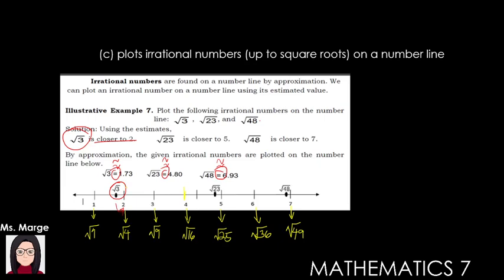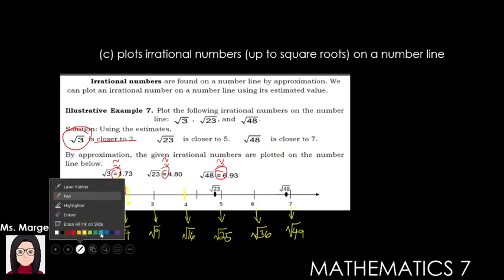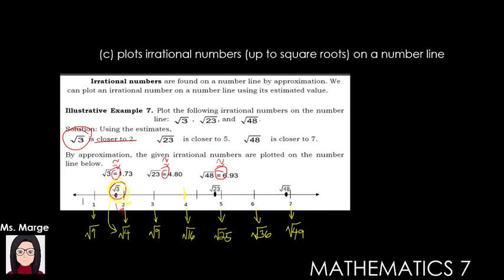Kung mapapansin nyo, square root of 3 andito, closer sa 2. Next is square root of 4, kaya reasonable na mas malapit ito sa integer na 2. Ipa-plot natin yung point near 2.